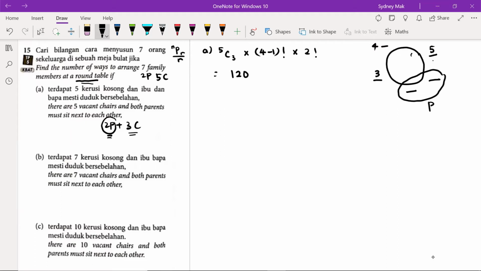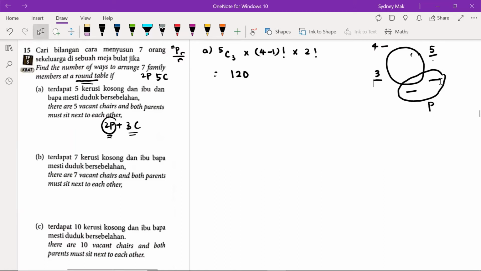Now, for the parent to sit in, there is only one way. The first person who sits at the round table is always one way, because whichever chair the first person sits, the front, the left, and the right chairs are all empty. So it is the same, whichever chair he chooses. So the first person to go in is always one choice.